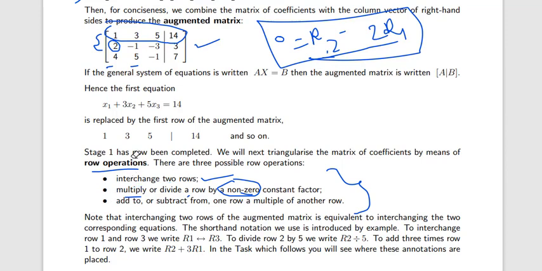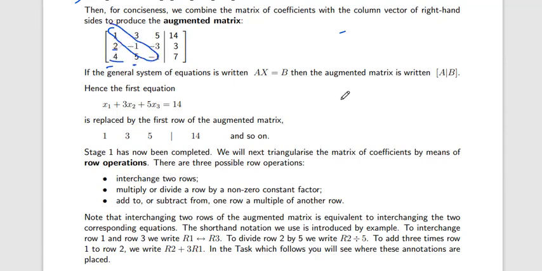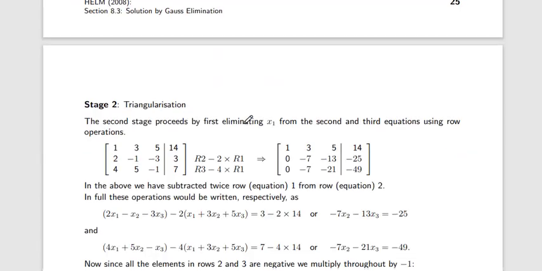These three types of row operation we apply on the matrix to get an upper triangle matrix, where the values below the diagonal are always 0.